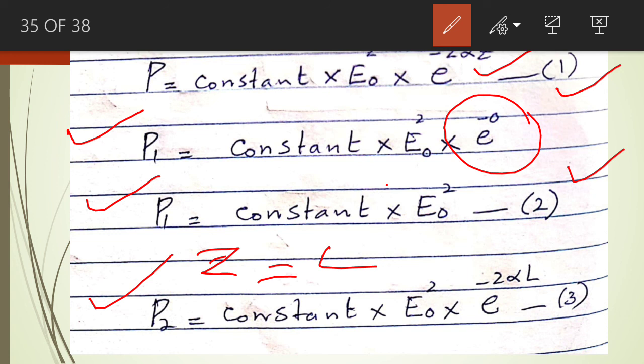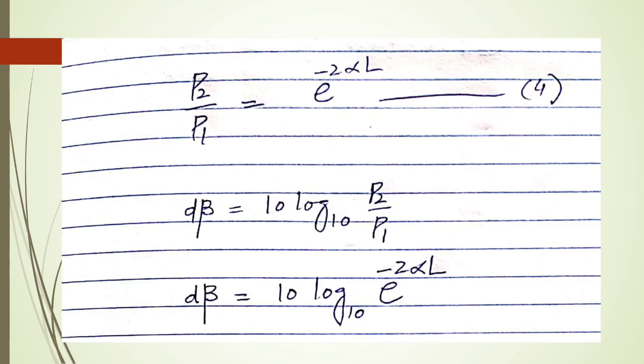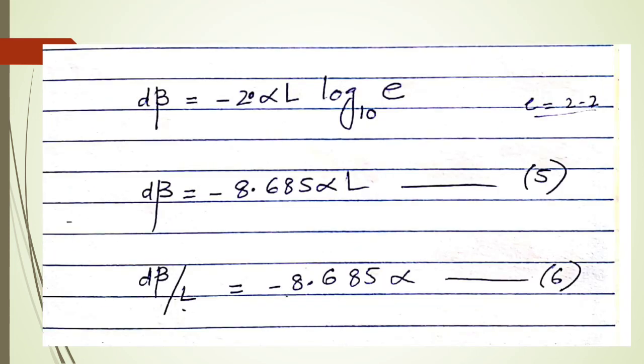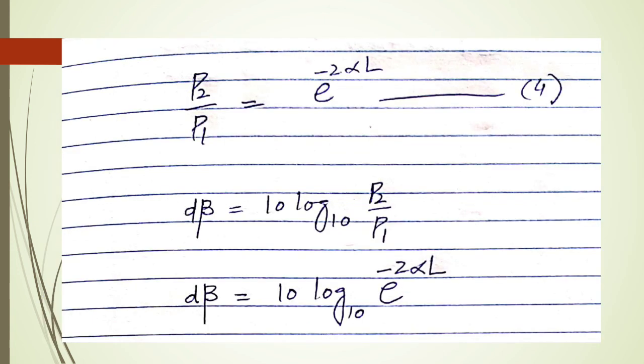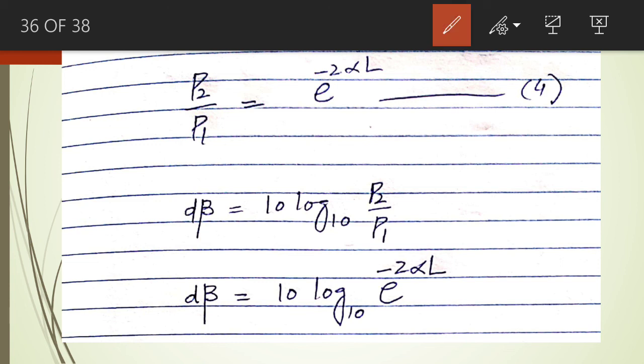Now we calculate P2 by P1. If we calculate P2 by P1, it will be equal to e raised to power minus 2 alpha L, where P2 by P1 represents the loss of the medium.